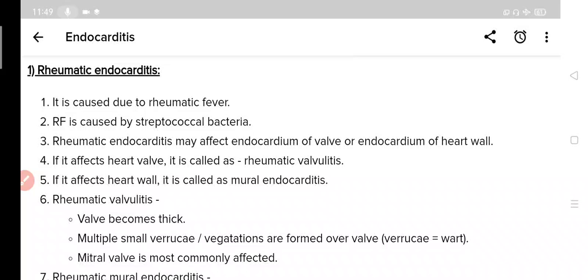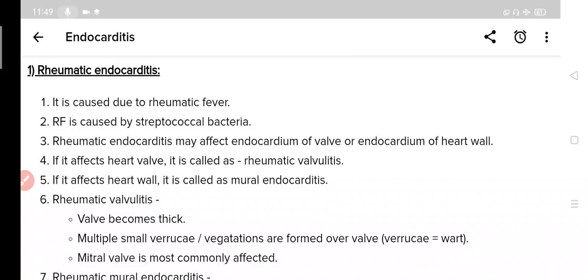They infect the throat, and if that throat infection is not treated well, it may progress to affect the heart and cause rheumatic fever, and this rheumatic fever will result in rheumatic endocarditis. So first streptococcal throat infection occurs, then rheumatic fever, and then rheumatic endocarditis.